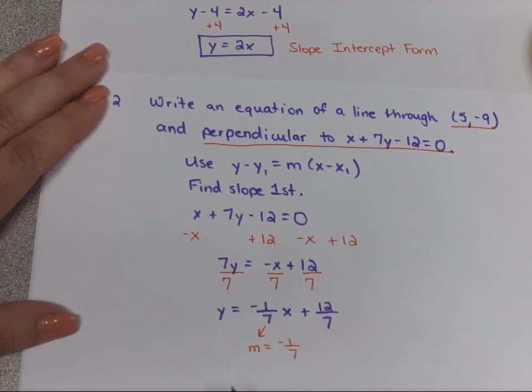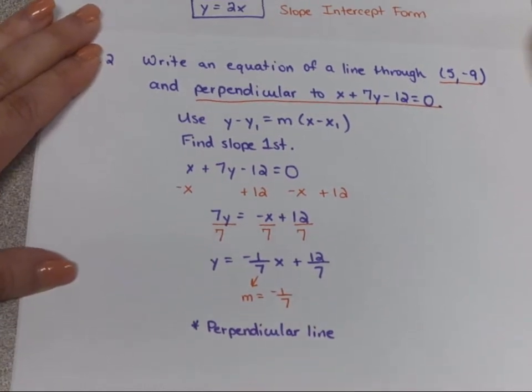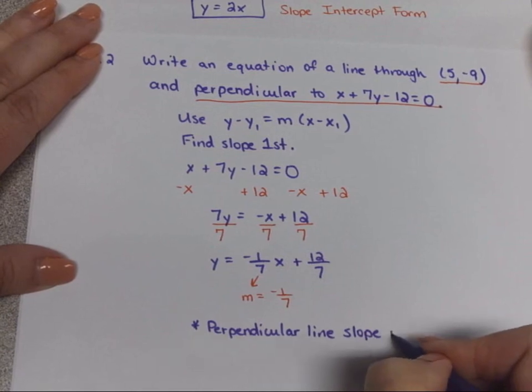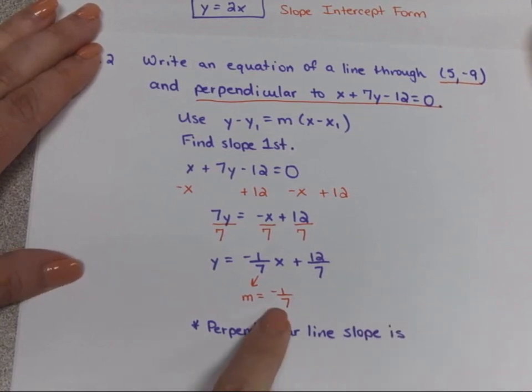Okay, but I don't really want that slope. What do I want? I want the perpendicular line's slope, right? So what would the perpendicular line slope be? Yeah, so notice it already has a negative, so we're going to flip the fraction and change the sign, right?